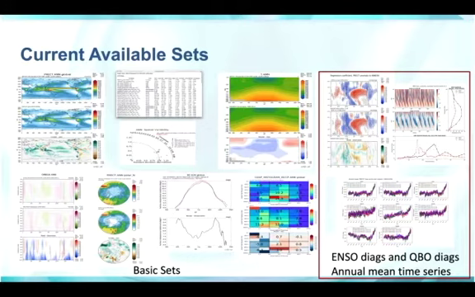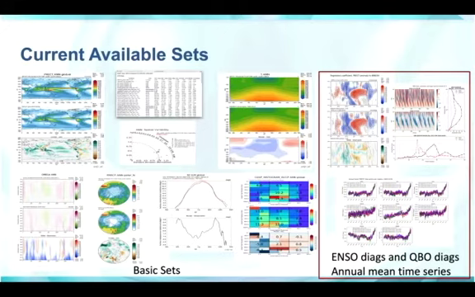Each 3-panel plot is often composed of test data, reference data, and the difference. The reference data could be observation or another model run. Either pre-calculated climatology files or monthly time series can be used as input of these sets.